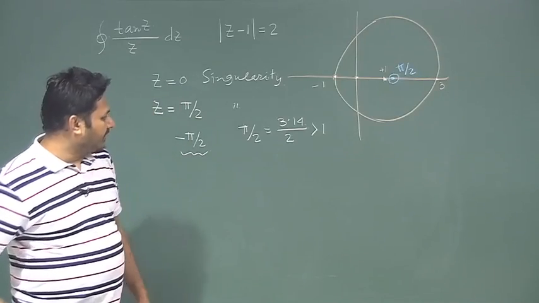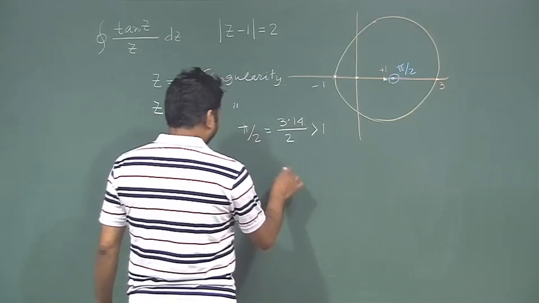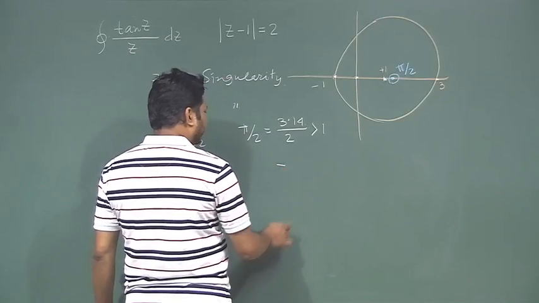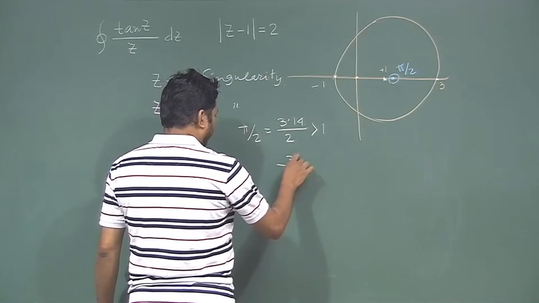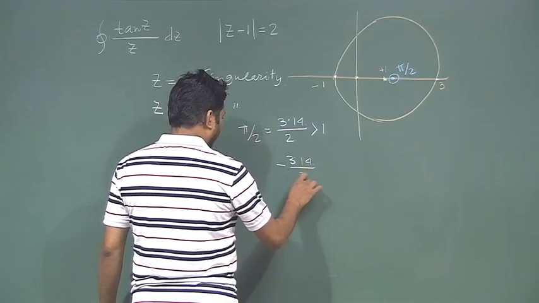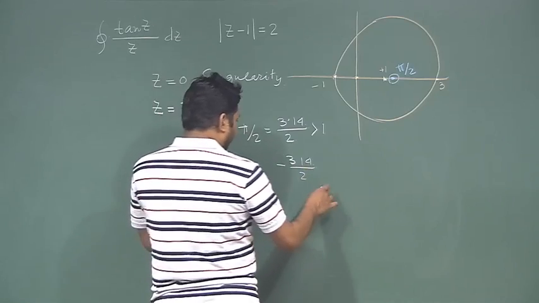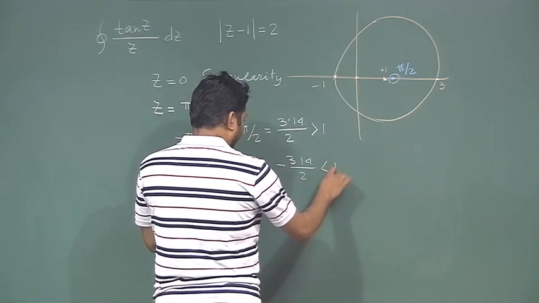What about minus pi by 2? Obviously we will have a minus here. So it will be something like 3.14 by 2, which is again less than minus 1.